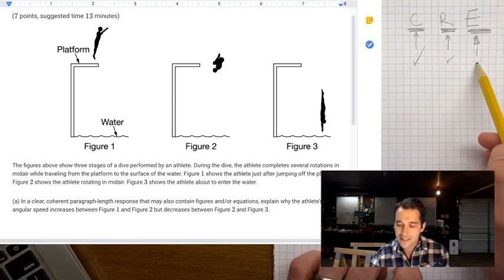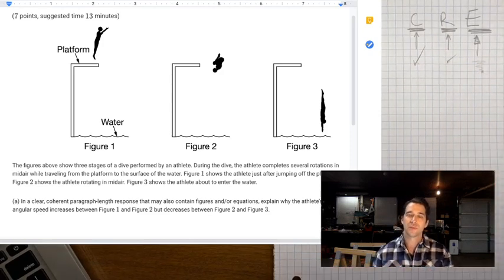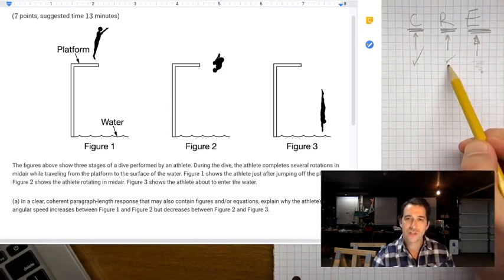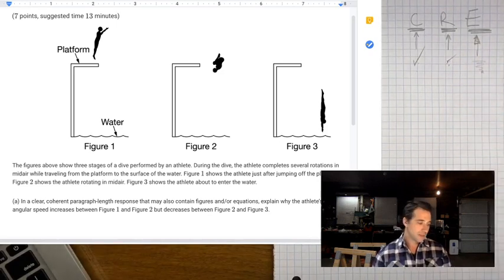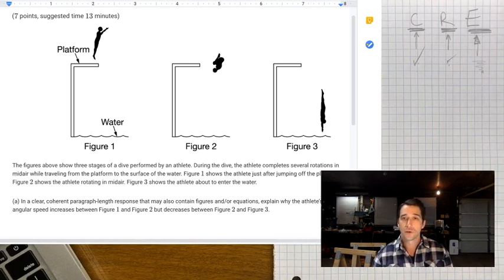So what is the evidence that we have from this picture that could explain how conservation of angular momentum will cause that increase and decrease in angular speed? Here's something that you could say. In figure 2, the athlete pulls her arms and legs closer to the point of rotation, or closer to her center of mass, which is also the point of rotation.